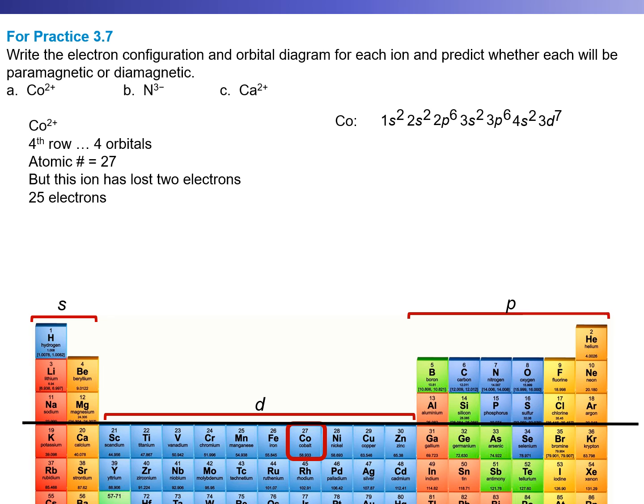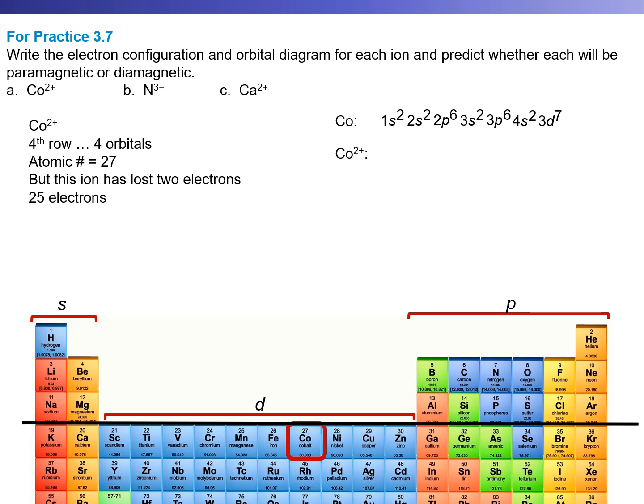And if we add all these numbers that we have here in the superscript, we're going to actually end up with 27. So 2 plus 2 is 4, 4 plus 6 is 10, 10 plus 2 is 12, plus another 6 is 18, 18 plus 2 is 20, and then plus 7 is 27. All right, so when we write our cobalt ion, we're going to have to lose 2 electrons. So where are we going to lose the 2 electrons?